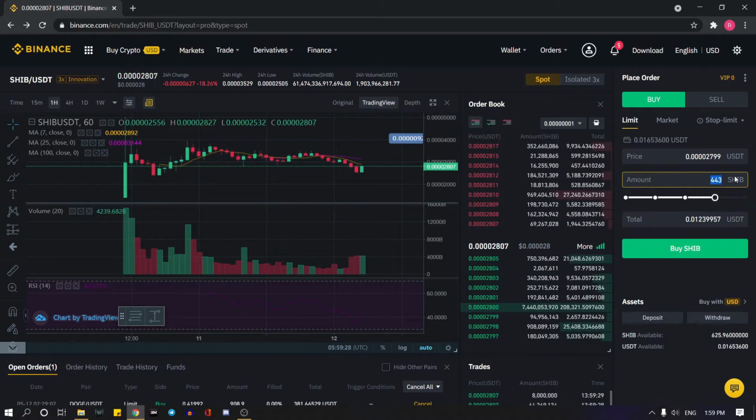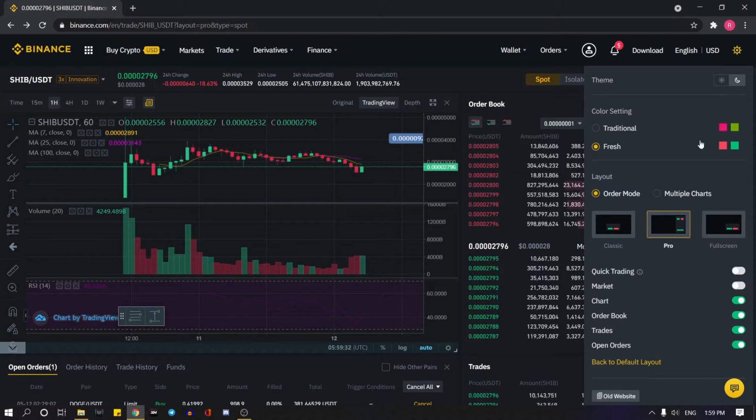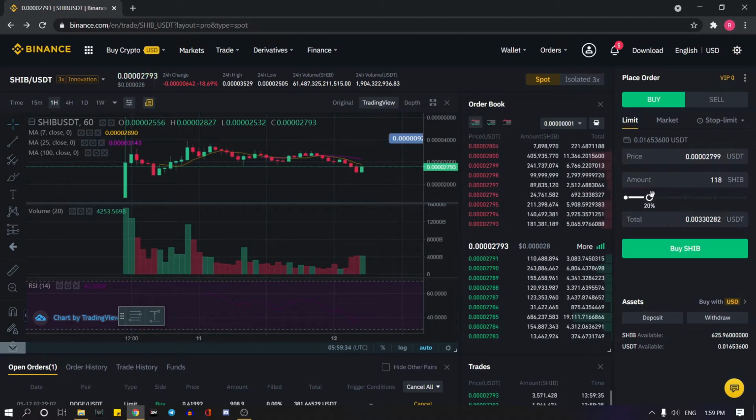You can actually specify here. You can input a specific amount like 100 or something. But normally what I do is I just drag this cursor. If you're going to be going for 100%, then all of your available funds will be used, to maximize the amount. Let's, for example, just for now, I'll go for 50%, and then I'll click buy.